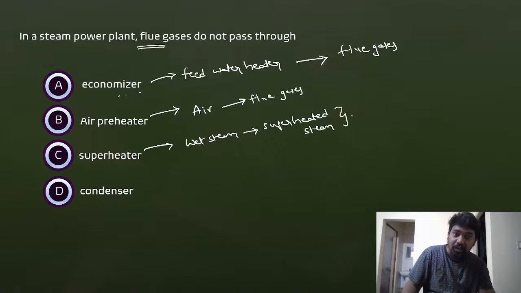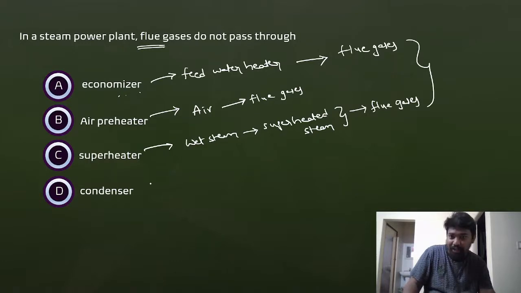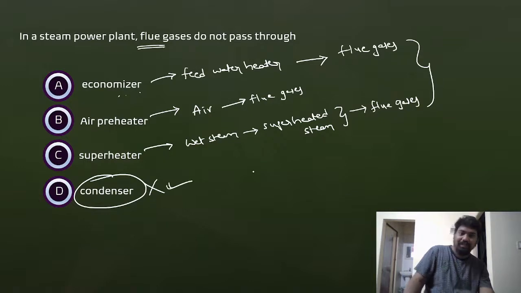This is done by using the heat from flue gases only. So all these will have flue gas effect, but condenser will never have flue gases. So the correct answer here is condenser.